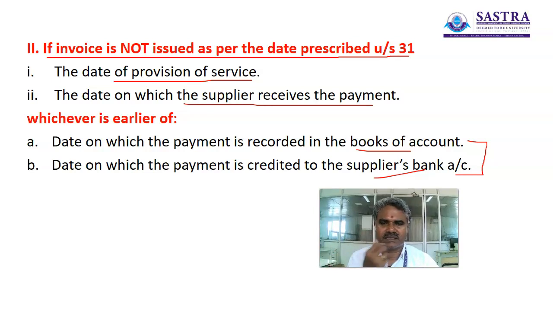So we already discussed and solved some problems. Hope you have understood properly. The same thing is applicable. But what is the variation? What is the difference? It is whether they have an invoice as per Section 31 or not.